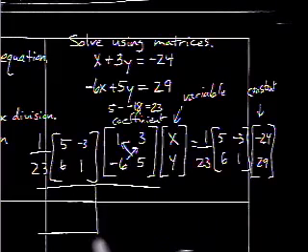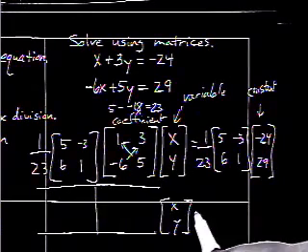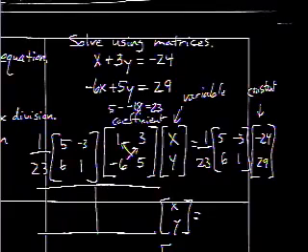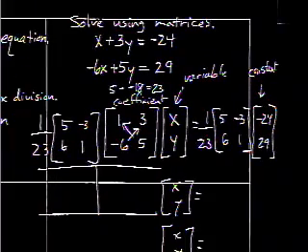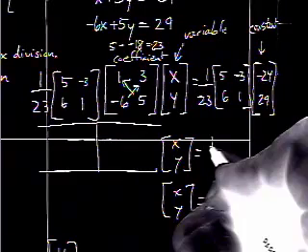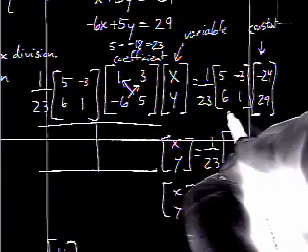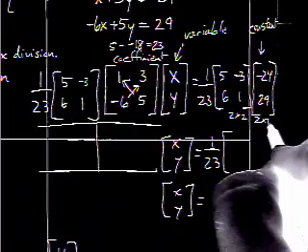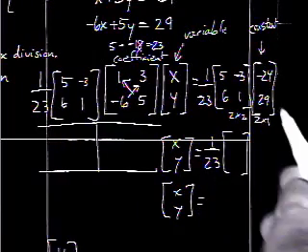We know this is going to turn into the identity matrix, which is just xy. And over here we have 1 over 23 times 2 by 2, 2 by 1. Yes, that's going to be a 2 by 1 answer.